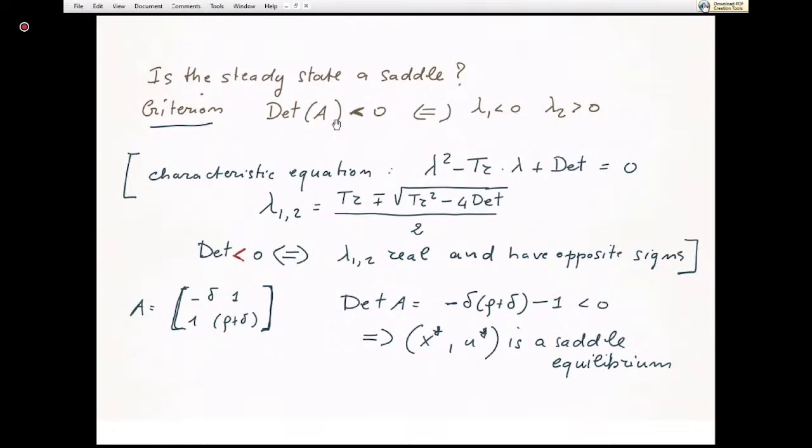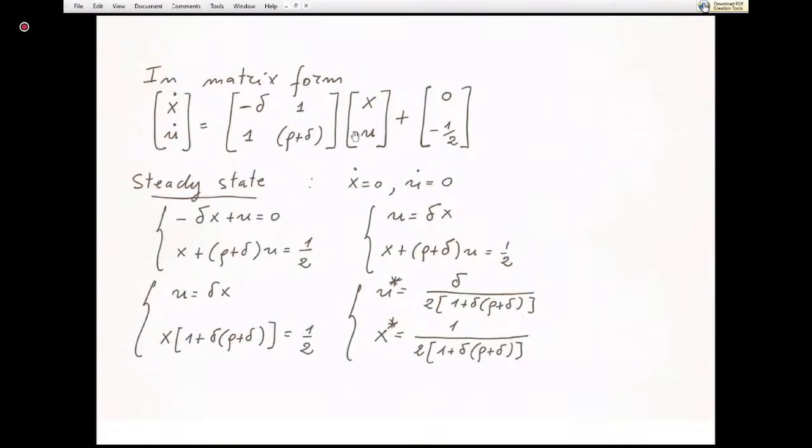There is a criterion to understand immediately whether the steady state is a saddle, and it is that the determinant is negative. The determinant of what? The determinant of the matrix of the coefficients, this one. So the determinant in this case is minus delta times rho plus delta minus 1.